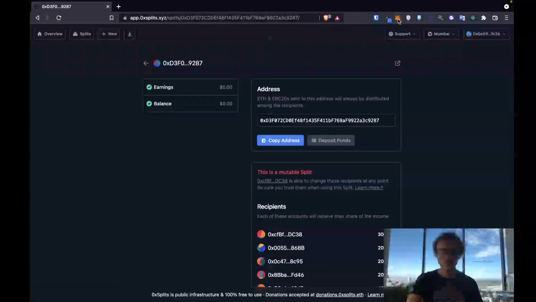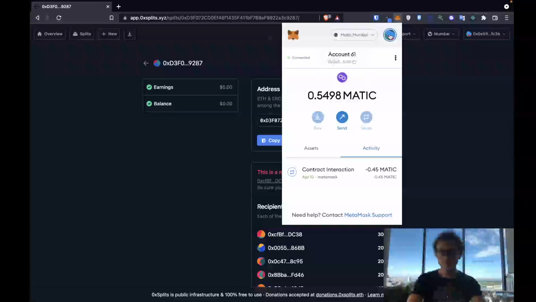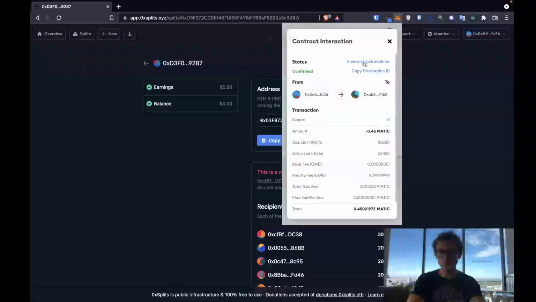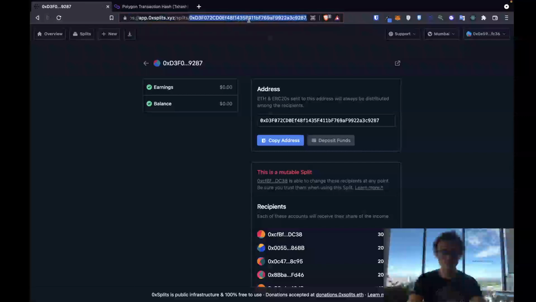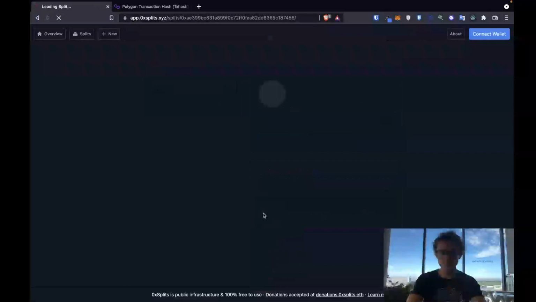I actually need to get the right split, and I will do that by checking where I sent these funds, because I sent these funds to the correct split. I sent it into this split, so I'll take that address and I'll paste it in the URL, and then here is the split, or at least it should be.